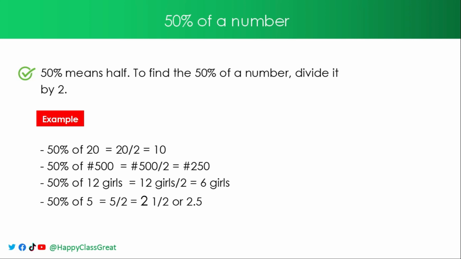Now let me quickly remind you, if there are 12 guests in a class, and someone says that only 50% of the guests will come out, that means only 6 of the guests should come out. So that's the real world application of percentage.